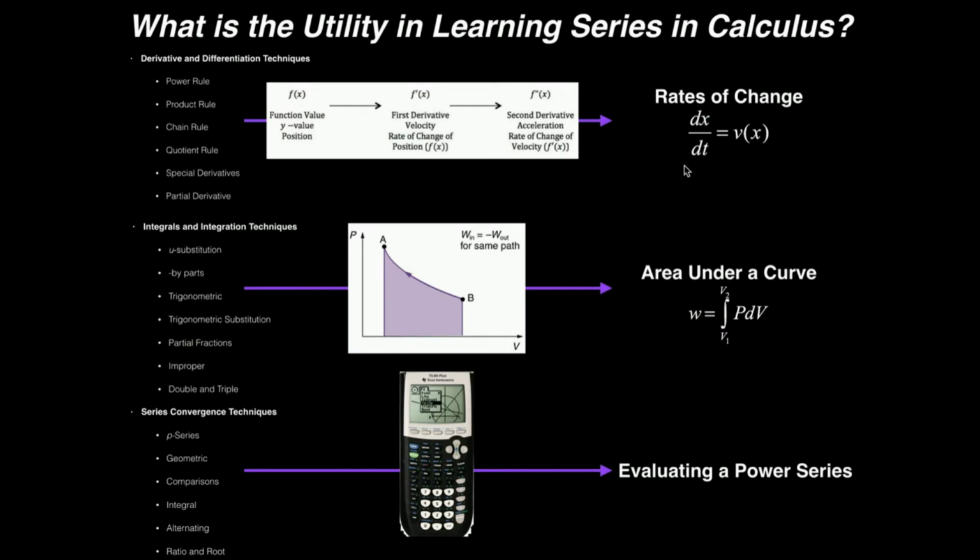For example, if we differentiate position with respect to time, that gives us velocity. If we differentiate velocity with respect to time, it'll give us acceleration. And there's countless more examples of very important differentiation problems you can see in physics and chemistry, etc. So rates of change, okay? So that's why derivatives are important. I don't think I need to convince you there.